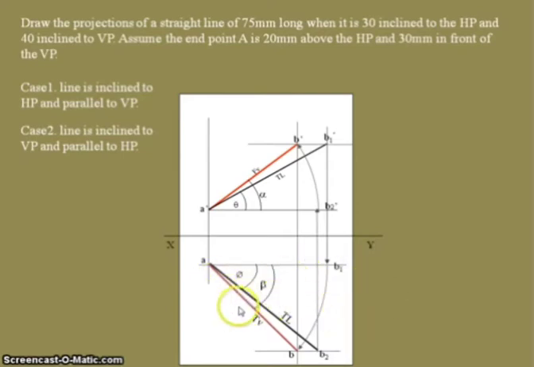Beta is the apparent angle made by the final top view with the reference line xy, that is the horizontal line. Now I am representing the distance between end projections, that is the distance from the initial point to the final point, between which we get the final front view and final top view.